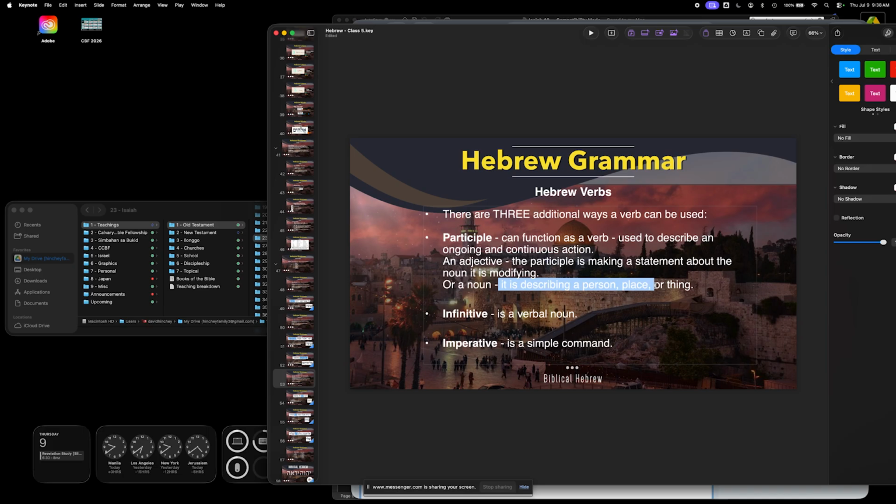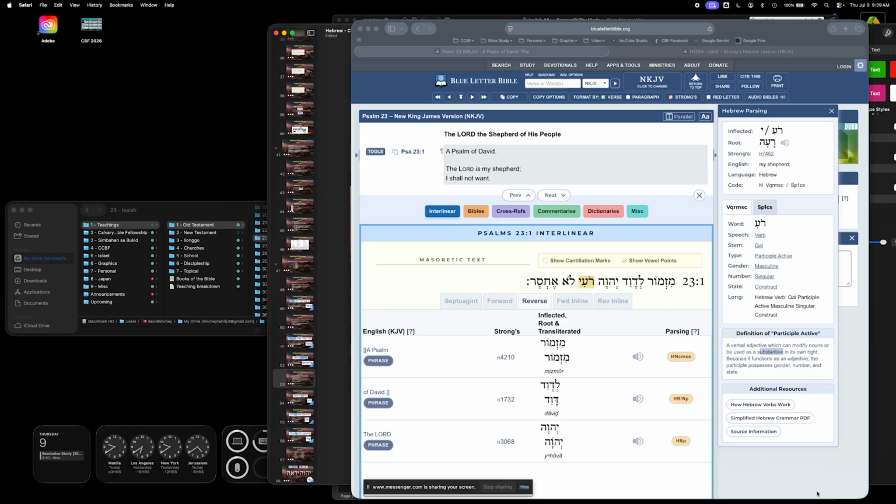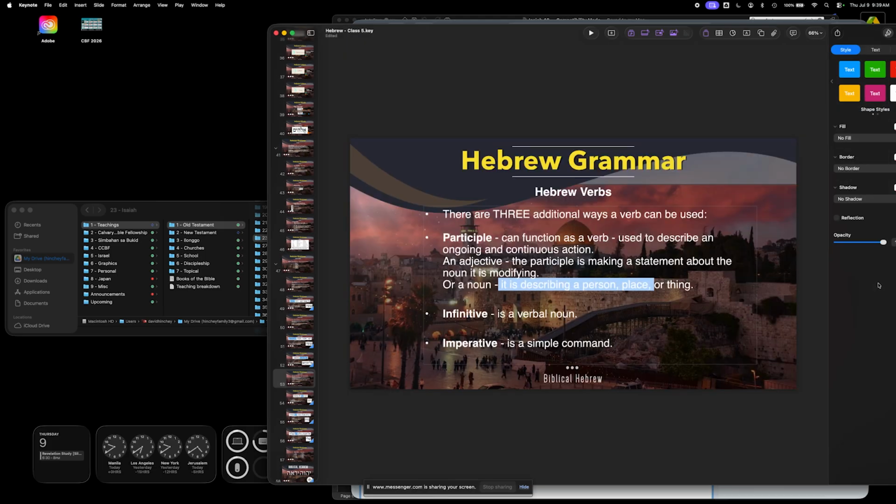I am a healer, that's an adjective in English, but in Hebrew it would act as a participle, an ongoing continuous action. I'm the one who's always healing. Therefore, I'm a healer. See how that works? Yes. That's your participle. So powerful, because there's a lot of them, they're very, very common. That particular type is a type you're going to see very frequently. That speaks of an ongoing, constant action.